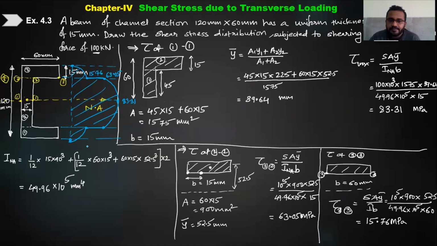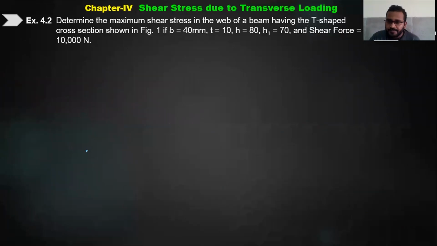That is why I have not done it. Exam में it can be inverted T, it can be horizontal T, it can be C section, L section, but you know that मैंने multiple cross sections किए हैं, तो you know that how to solve for any of the cross section which is given, right? So I am not wasting our time to do it for each and every type of cross section. I guess you can do it.